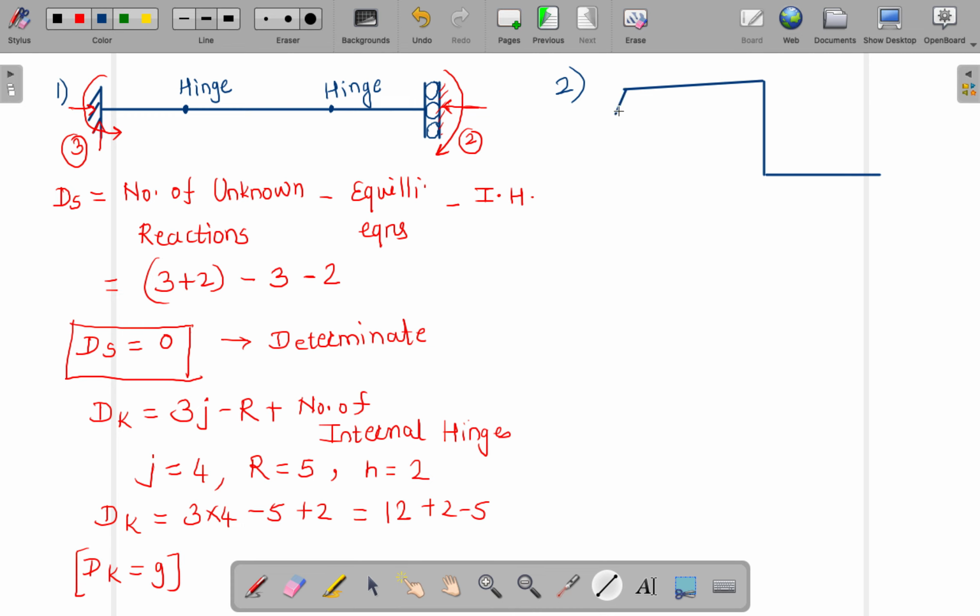So here it is a hinge support, and then there is an internal hinge.